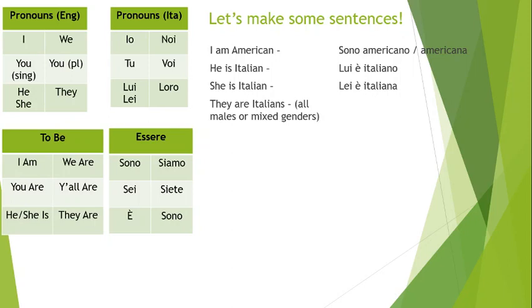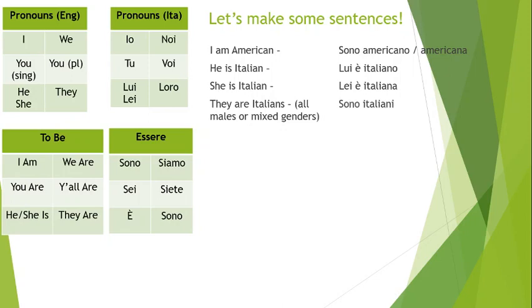They are Italians. Here's how the gender works when you're doing plural. If they're all males, you use the masculine form. Or if they're mixed genders, so some males, some females, you also use the masculine. You would only use the feminine if it's a group of all females. See if you remember that from a past lesson.